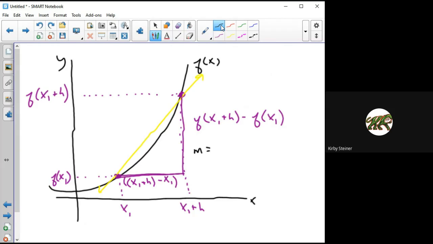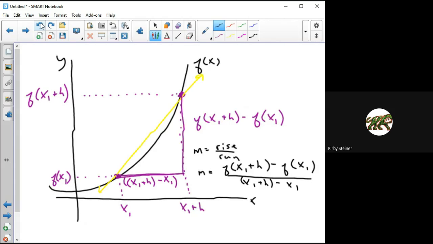Our slope of the secant line is rise over run. So our slope is going to equal f of x1 plus h minus f of x1 over x1 plus h minus x1.